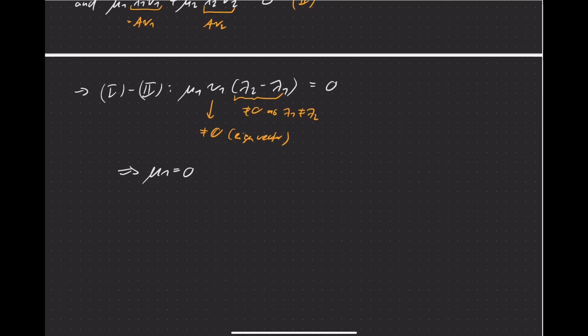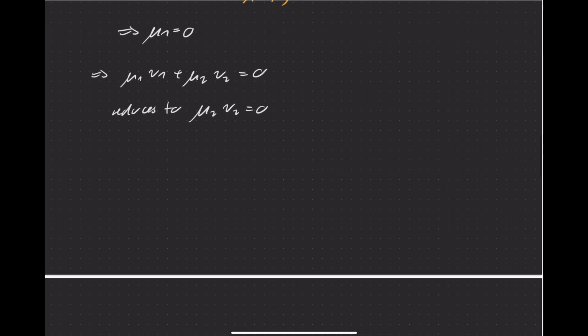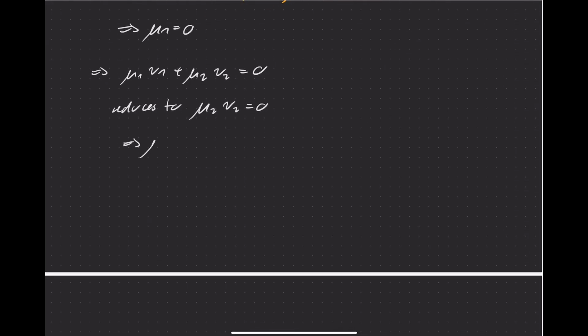Okay, so we found mu1 already. Well, if mu1 is necessarily 0, then our expression mu1 v1 plus mu2 v2 equals 0 reduces to mu2 v2 equals 0. And again, v2 is an eigenvector, so v2 cannot be the 0 vector. And that means mu2 has to be 0, because v2 is not.